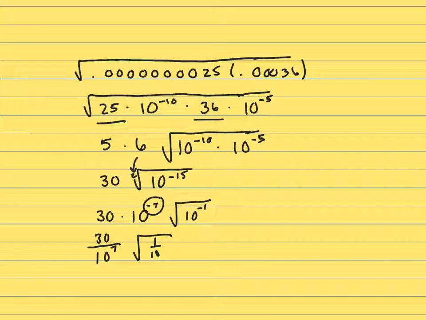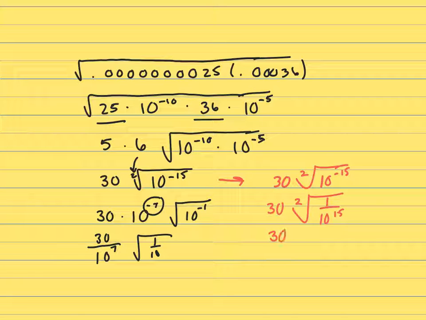Now another way to work it, let me see, let's start from here. I've got 30 square root of 10 to the negative 15. I could make that 30 square root of 1 over 10 to the positive 15. Remember, when you move a factor from the opposite place it's in, it changes the sign of the exponent.